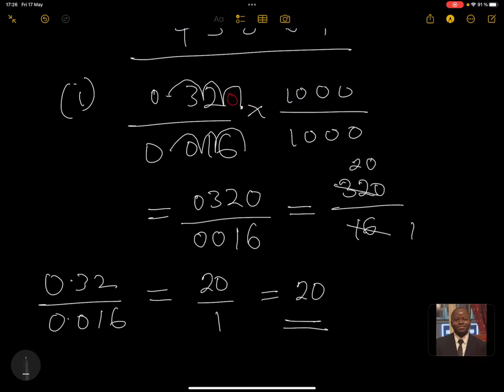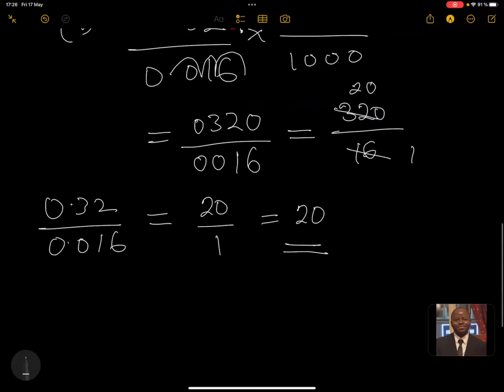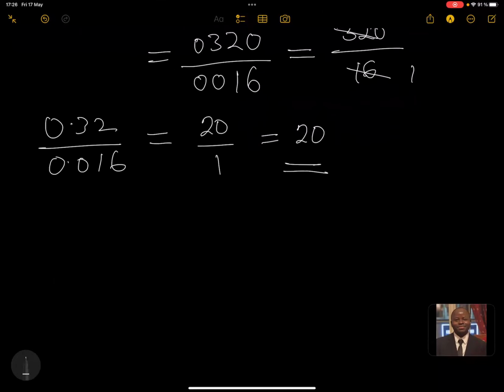So the next thing we deal with will be fractions. How can we deal with fractions? To deal with fractions, we are now into some basic algebra as a continuation of it.